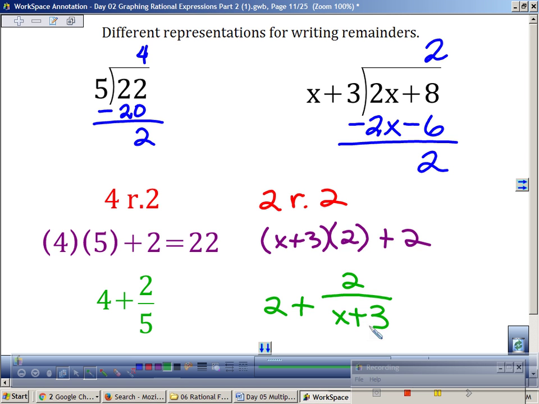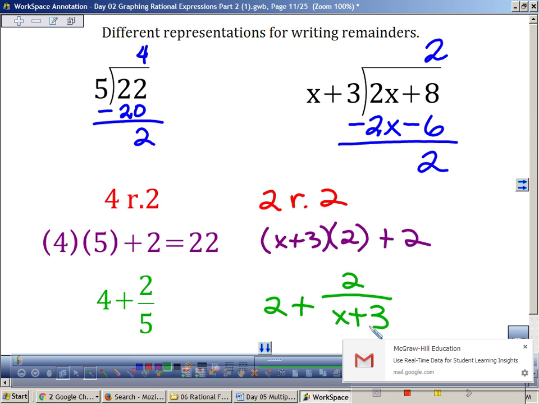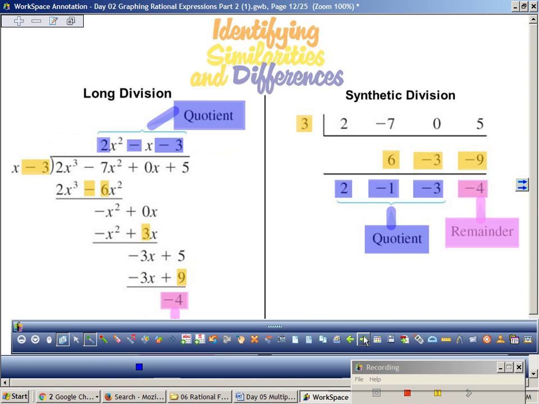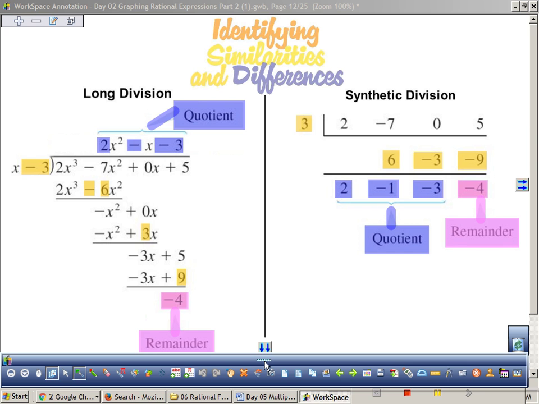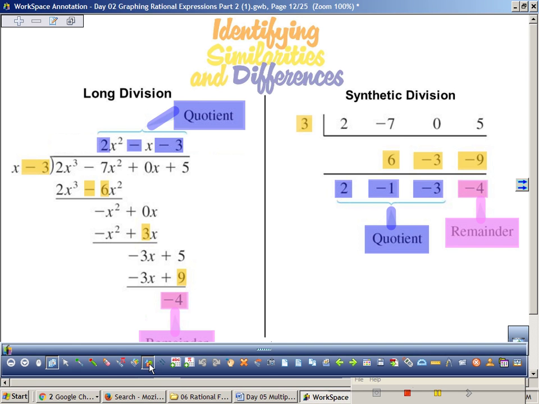So when you guys were doing long division, I'm going to show you, this ties into what we've been doing all along. Remember this? Oh, my favorite long division. So guys, when I got a remainder of negative 4, this is what it would be.